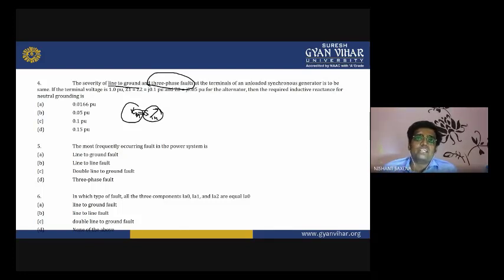The most frequently occurring fault in the power system is what? Remember this thing, that most of the faults occur frequently in the distribution systems.